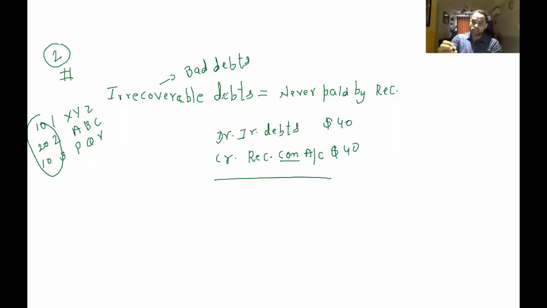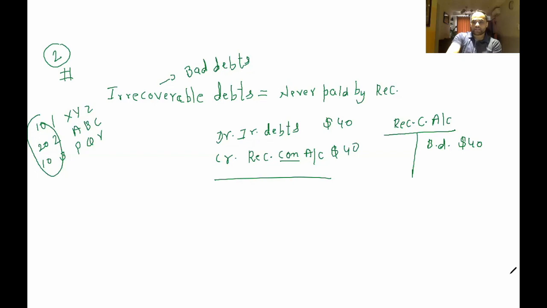If you are making a journal entry, it's really easier for you to prepare receivable control accounts. You simply write receivable control account credit because of bad debts, so you write 40 here.